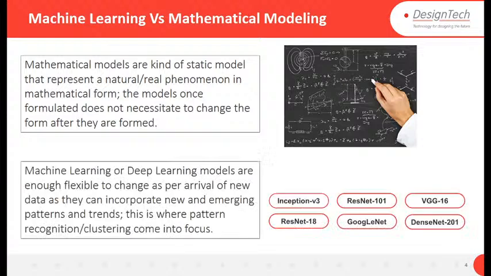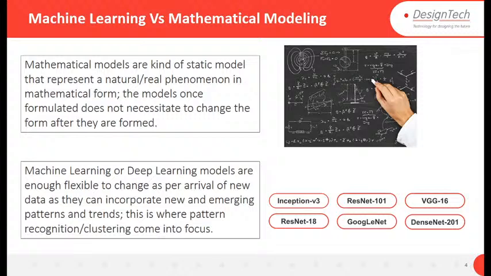Mathematical models are a kind of static model that represents a natural real phenomenon in mathematical form. The model, once formulated, does not necessitate changing its form after it is formed. It means once you create a mathematical equation, and if you don't want to modify it, then you can go for mathematical modeling.